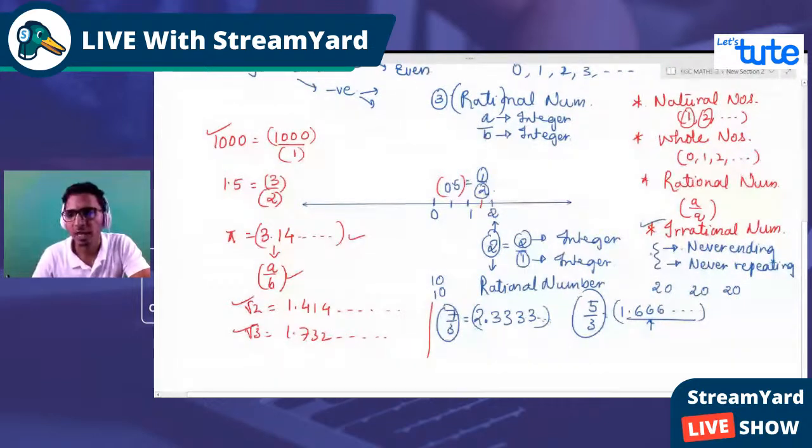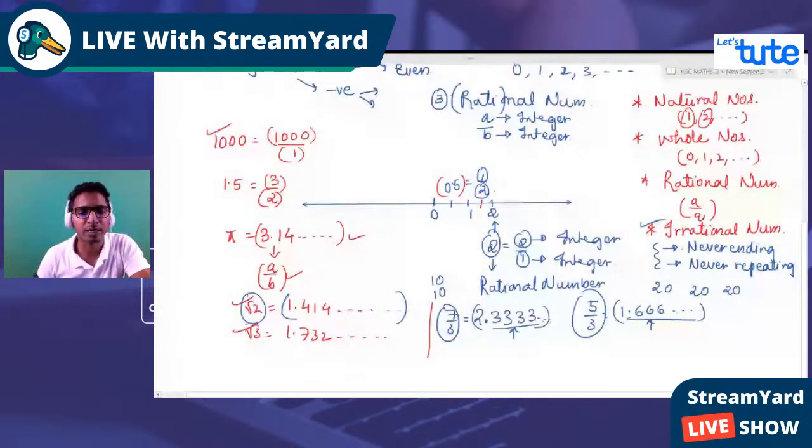I repeat, in this case the numbers will never repeat. See, in this one we have a pattern of repetition, right? It is repeating. Even in this case it is repeating. So when the numbers are never ending, that condition alone does not conclude that it is an irrational number. It has to be non-repeating also. It is not ending and it is not repeating. So therefore they are called irrational numbers.